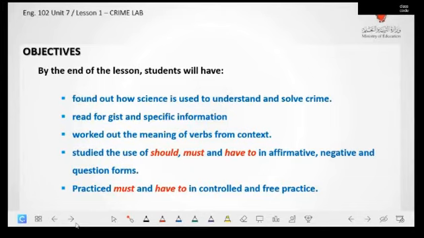And inshallah, today we're going to finish with the two remaining objectives, which are to study the use of should, must, and have to. And we're going to have a look at some of the differences that you might have among them. And we're going to practice must and have to in controlled and free writing.